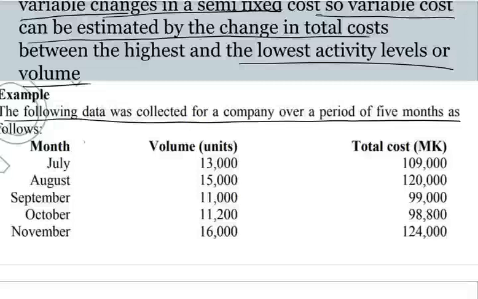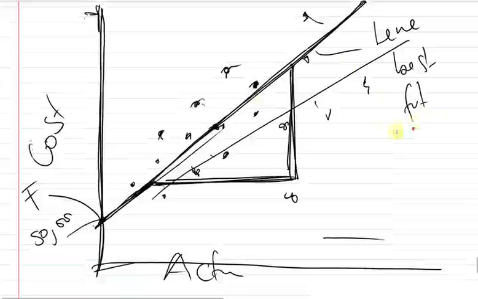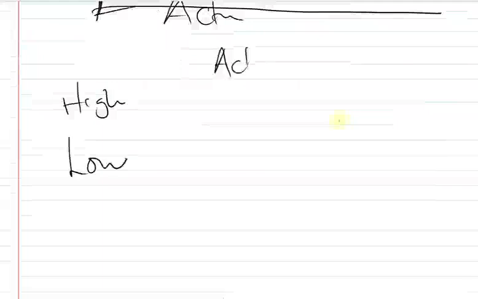What you do with this one, you go to the activity or volume and find the highest, which is 16,000, and the lowest, which is 11,000. Don't go to the cost, go to the volume or the activity. You say high, and you put low here. You put activity or volume and here you put cost.